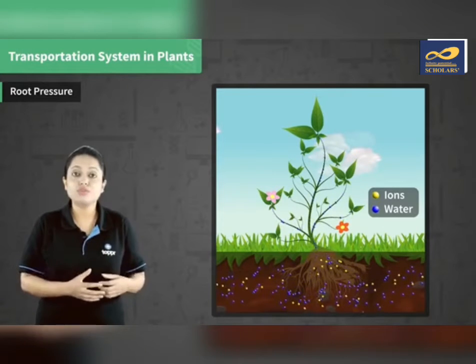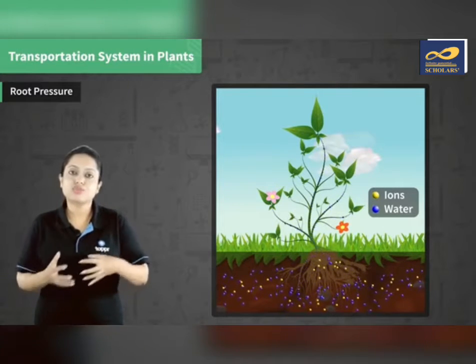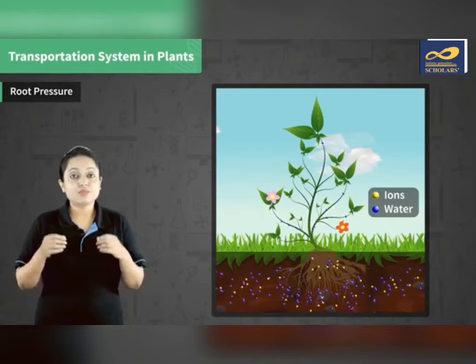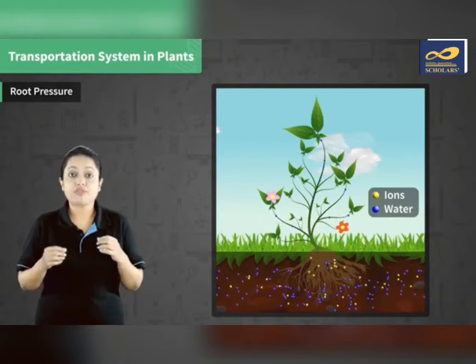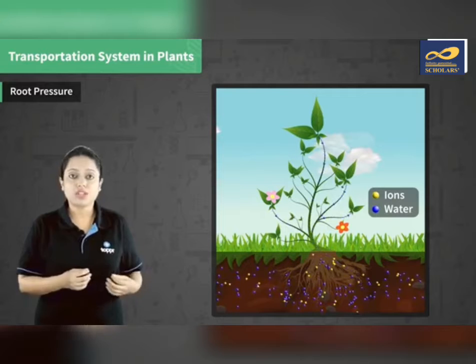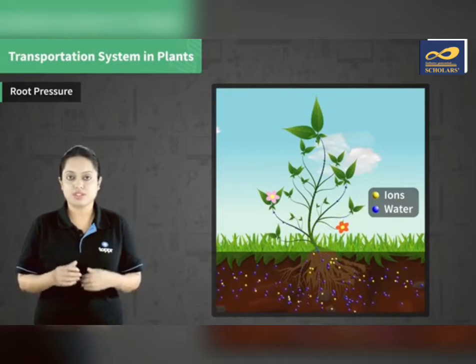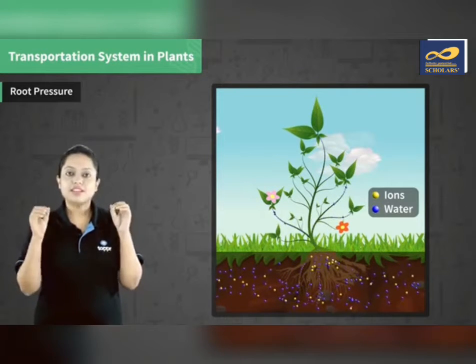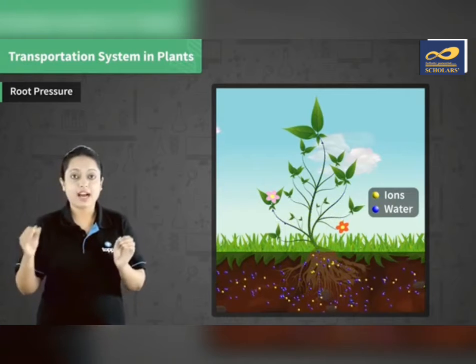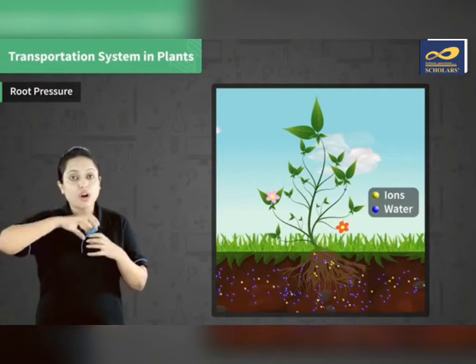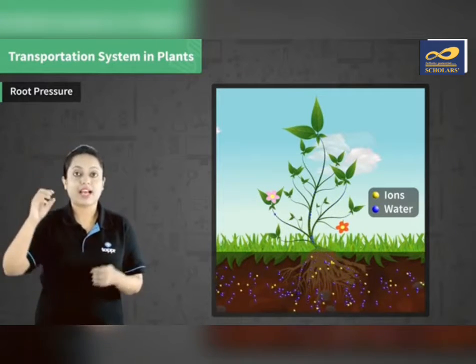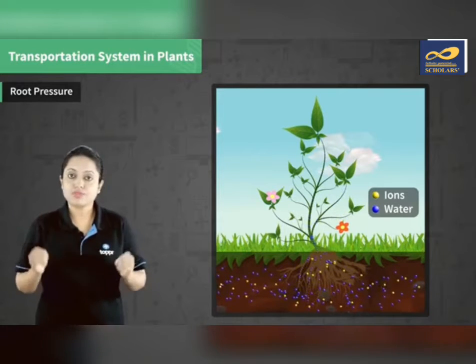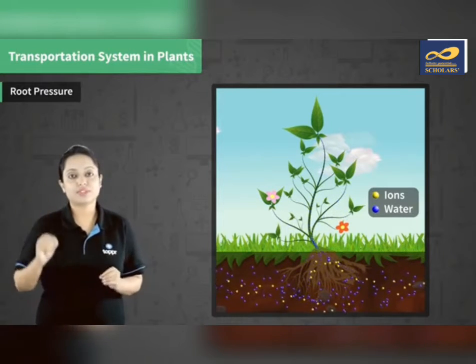That is, water moves from soil particles to the root cells. This movement of water from the area of high concentration to low concentration is known as osmosis. Now this difference of water and ions is carried out throughout the water column, and thus the water is transported from the roots to the leaves.